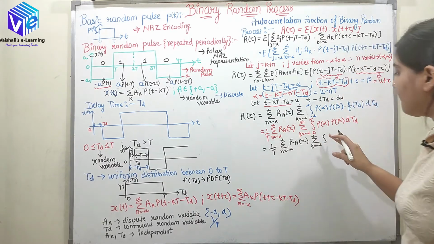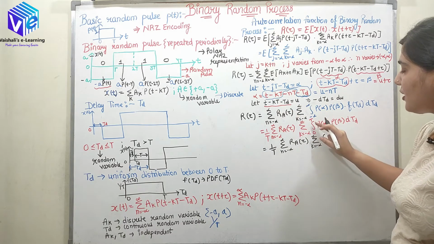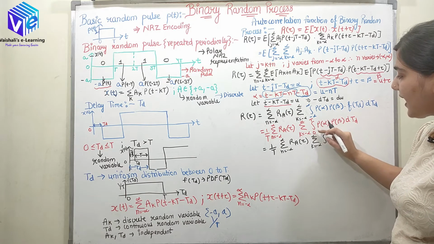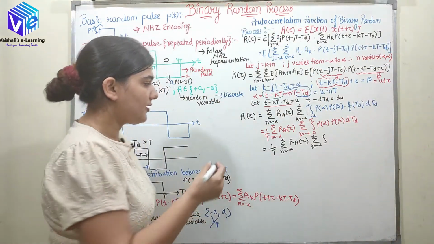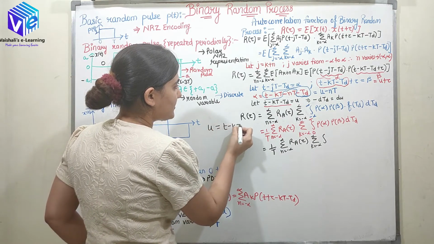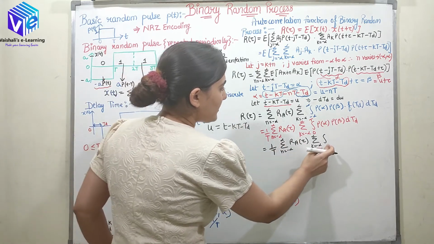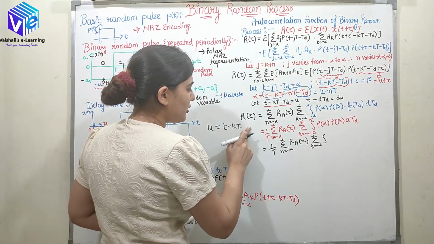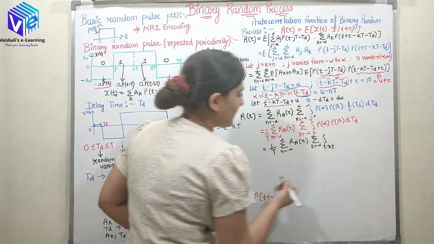Now when I put TD equal to 0, I have to change the limits. So u is equal to T minus kT minus TD. When TD is 0, I will be changing the lower limit, so I have T minus kT as the lower limit.